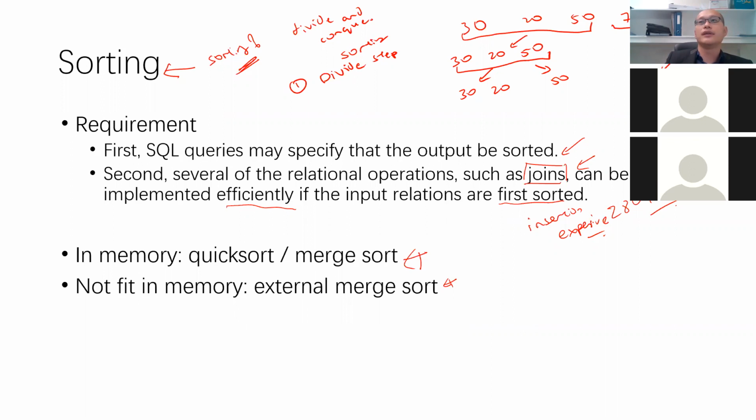You iteratively carry this out until you end up with single elements. So this is the divide part.